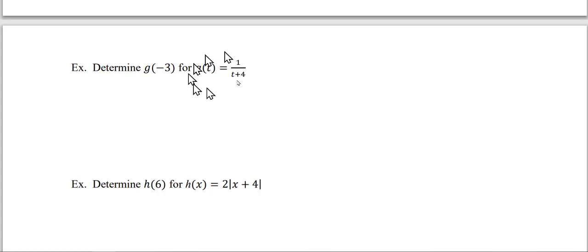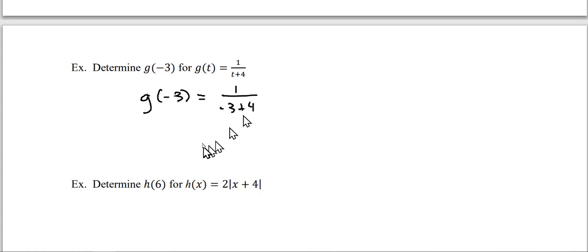G of negative 3, where g of t is 1 over t plus 4. The independent variable here is t. So g of negative 3 replaces the t, and you get 1 over 1, or 1. So we would say g of negative 3 equals 1.